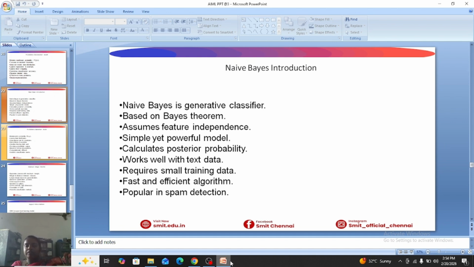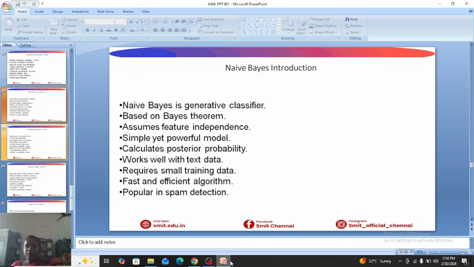Moving on to Naive Bayes introduction. It is a generative classifier based on Bayes theorem. It's called naive because it assumes that all input features are conditionally independent given the class label.